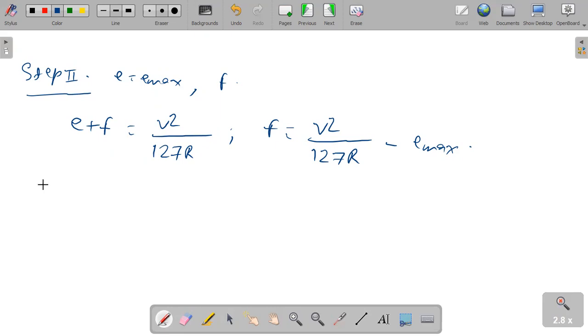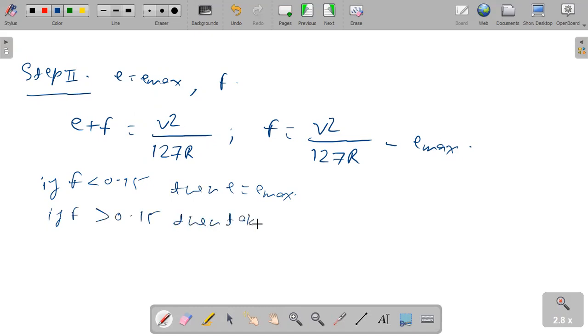So if F is less than 0.15, then take E is equal to E max, and if F is greater than 0.15, then take F is equal to 0.15. Okay, so this is our step second.